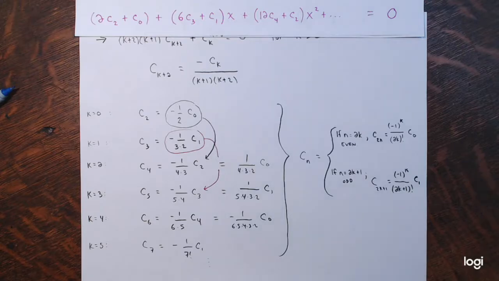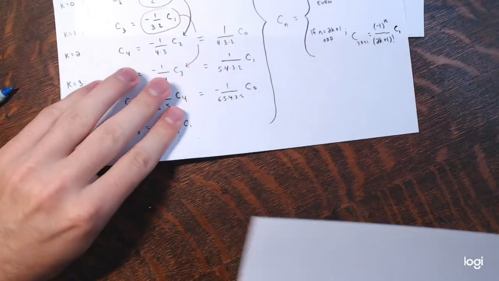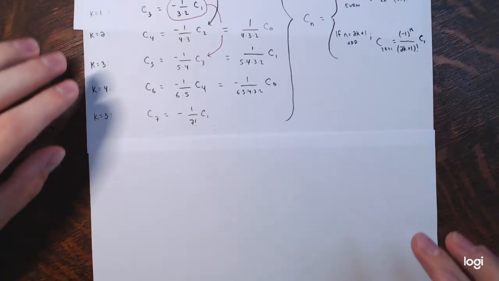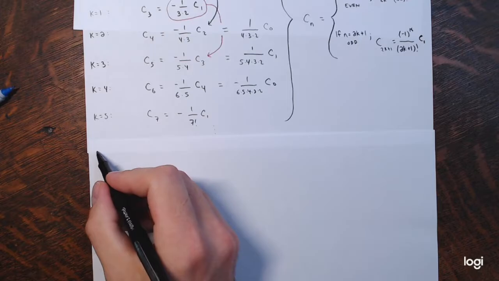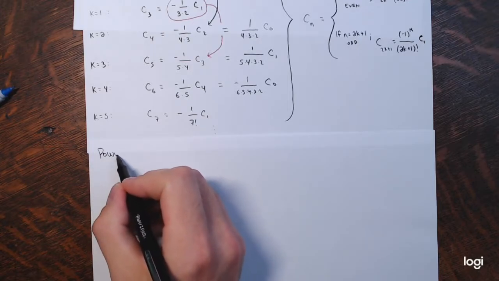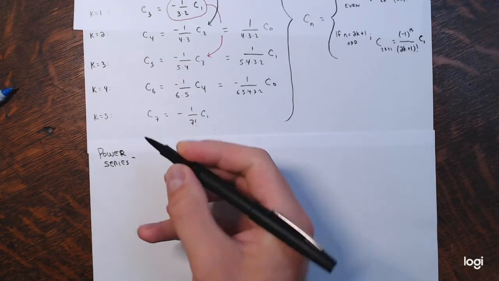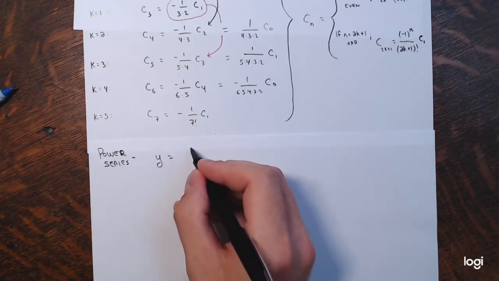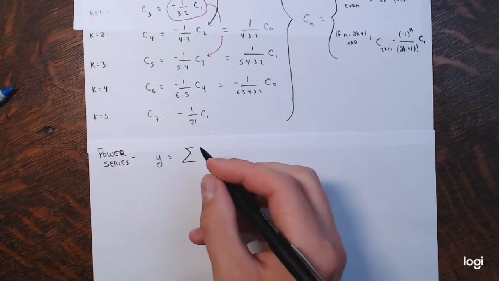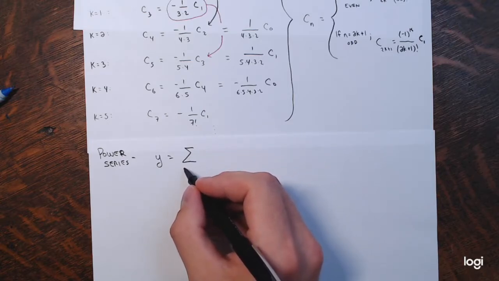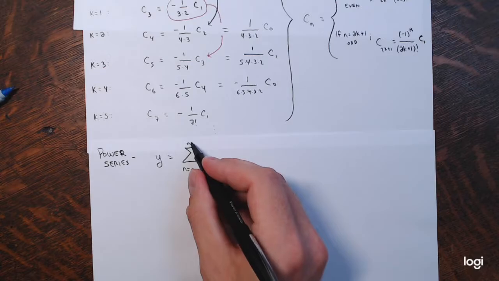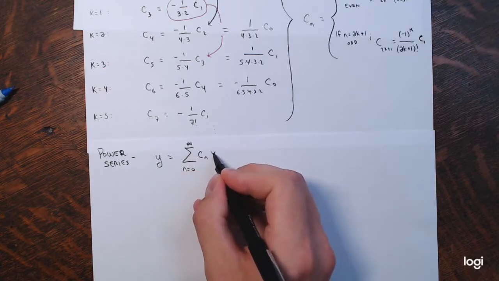Alright, so the second example is going to be a little less clean than this first one. Now let's go back to our power series and substitute these into our series. Back to our power series solution, remember it was y equals the sum from n equals 0 to infinity of c sub n x to the nth.